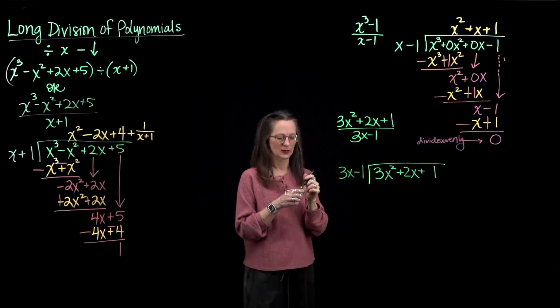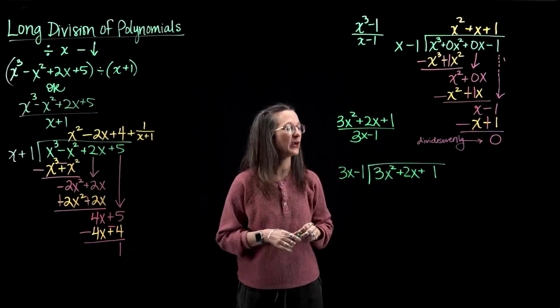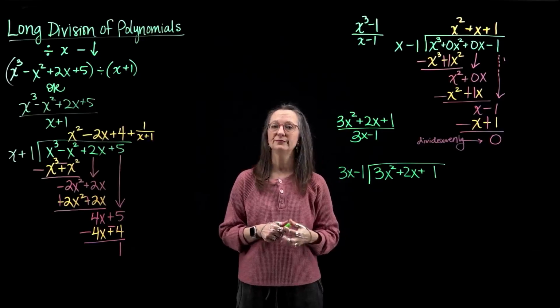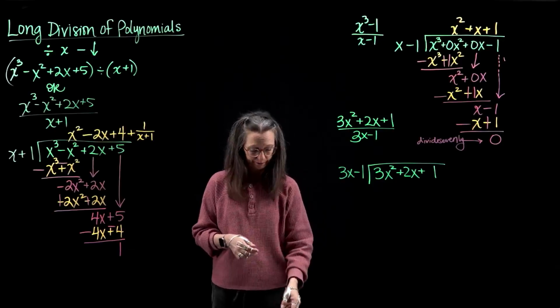So, inside my division bar, I have the 3x squared plus 2x plus 1. On the outside of the division bar, I have 3x minus 1.